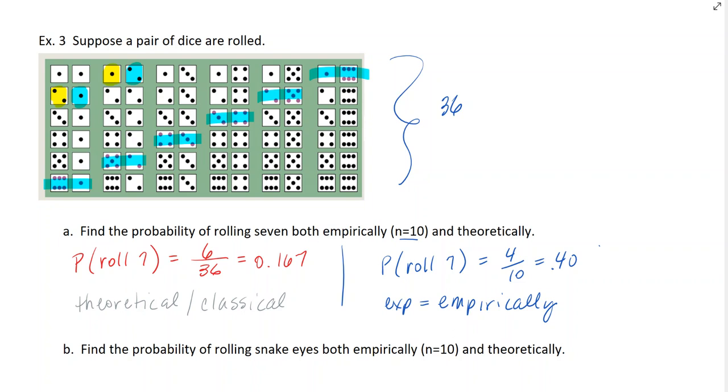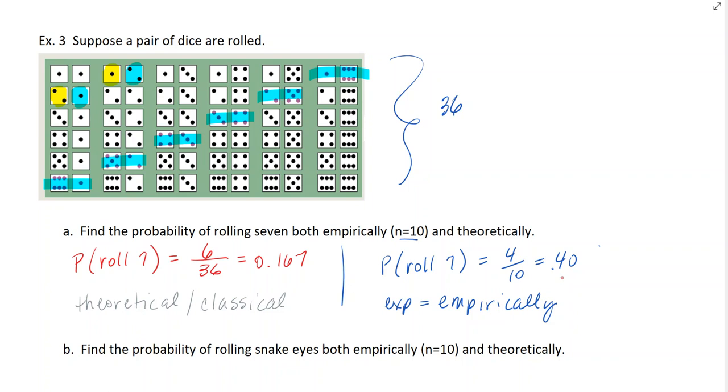Now, you might be wondering: if the math, or theoretical, tells me that I'm supposed to get a 7 from rolling 2 dice approximately 17% of the time, how come when I did it just now using the empirical method, or an experiment, it happened 40% of the time? Well, remember, we opened up our idea about probability as being what we expect to happen in the long run.